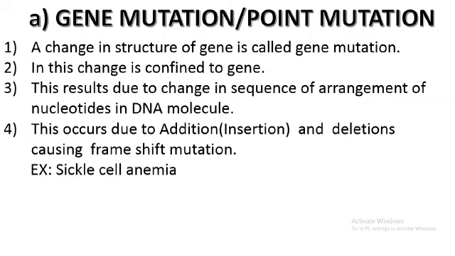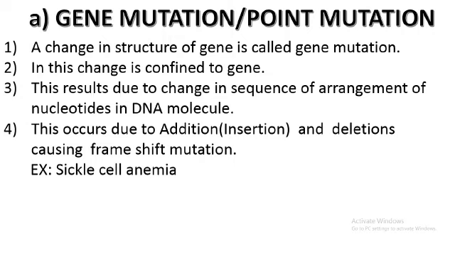So the best example is sickle cell anemia. We will be studying about this when we study Mendelian disorders. Sickle cell anemia is a disorder mainly caused due to a change in the structure of hemoglobin. You know, hemoglobin is dumbbell shaped, but in a person suffering from sickle cell anemia, it gets altered to a sickle shape.